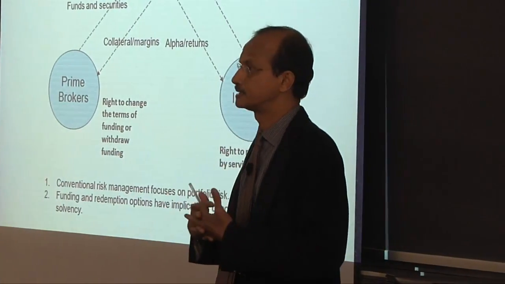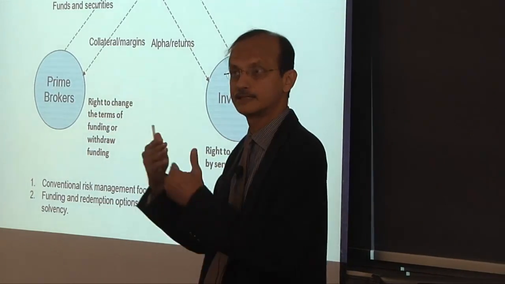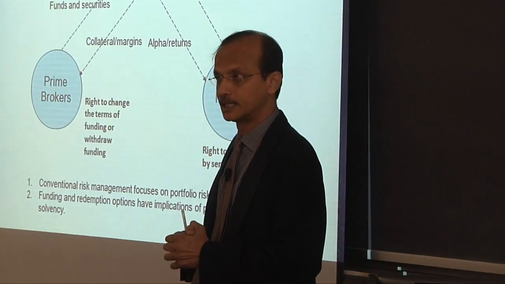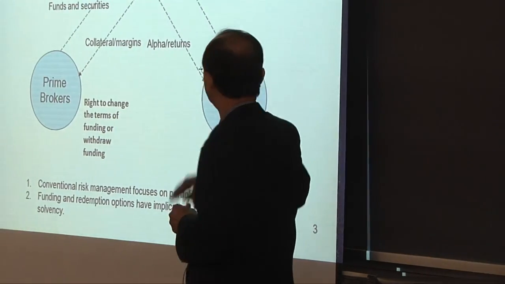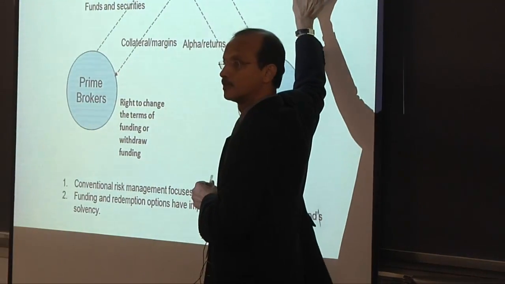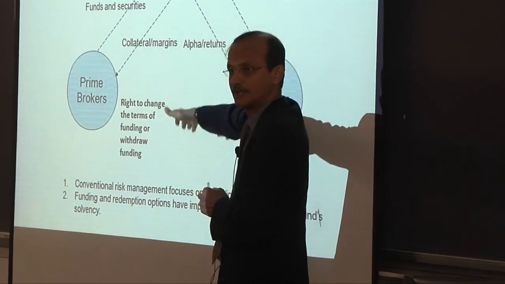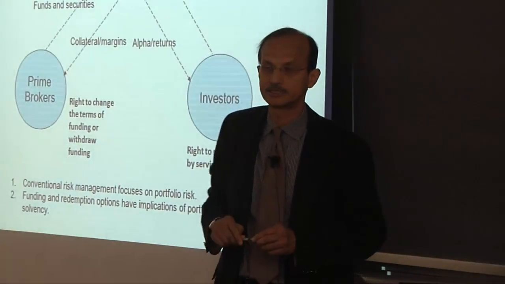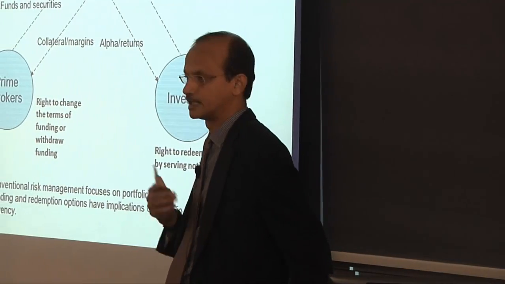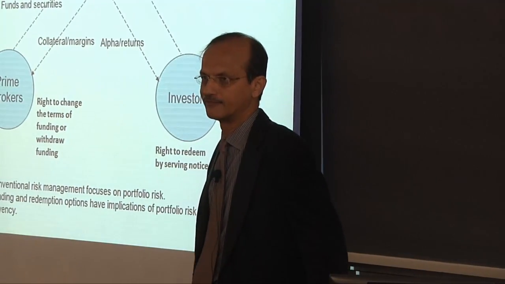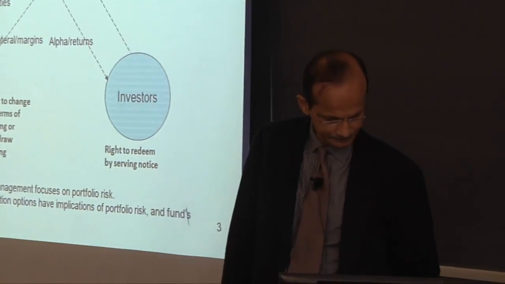If the funding is taken out, or if the haircuts or margins are increased, what does the manager have to do? They have to delever, right? That means they have to prematurely close out some of their portfolio strategies in order to meet the demands of the prime brokers. And that again suggests that it would have an implication for the leverage. What should be the optimal leverage for a hedge fund?